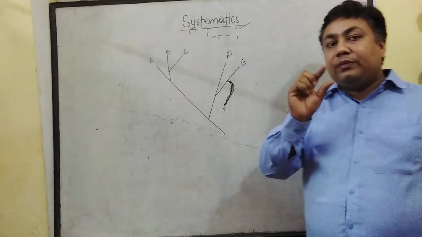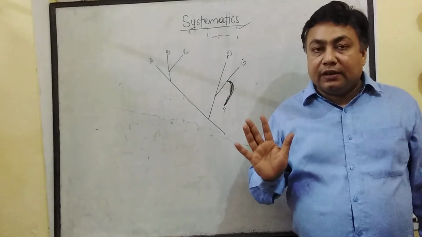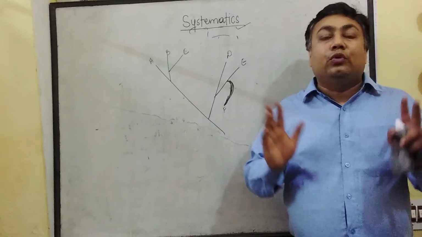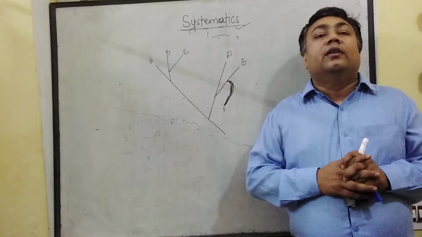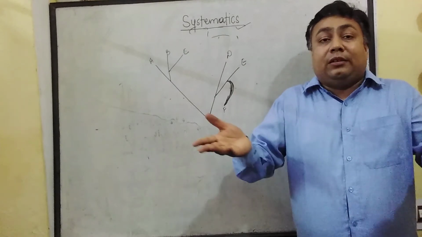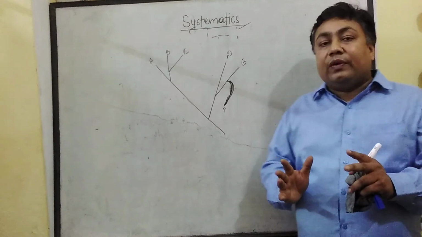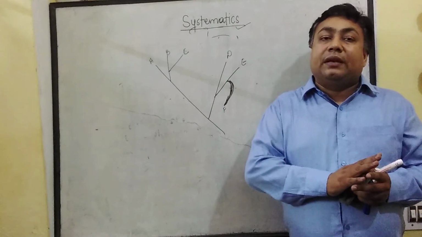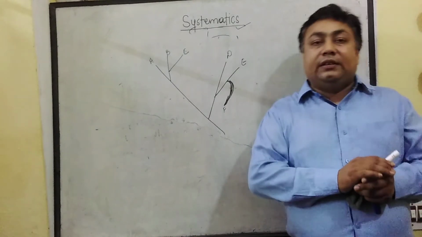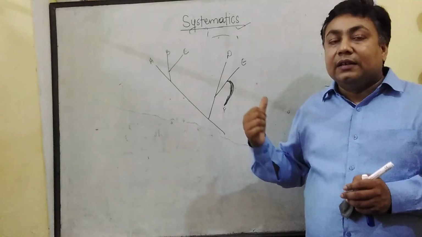The difference between phenetics and cladistics is clear. Both are taxometric units used in different disciplines of systematics, whereas the phenetic practice is superseded in present time by cladistics.